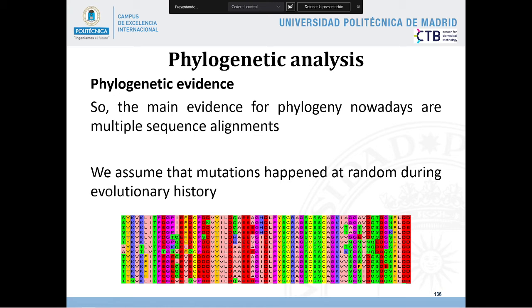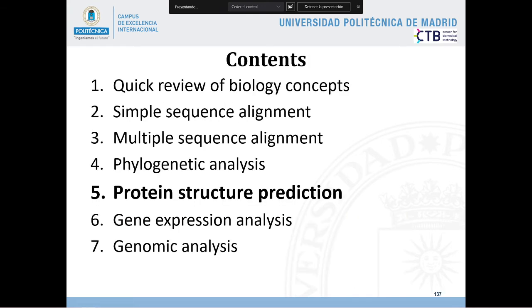That's not always true, but it is what we use in phylogenetics. That's why we use multiple sequence alignment in phylogenetic analysis. I hope that you more or less have the clues of what we do with this and why we do this.